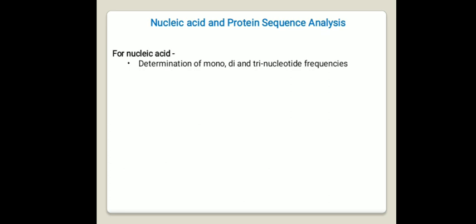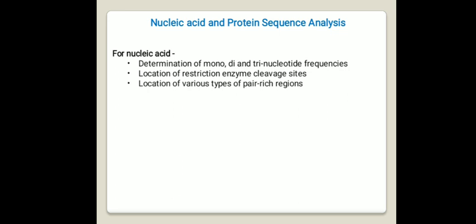For nucleic acids, their functions may include determination of mono-, di-, and trinucleotide frequencies, location of restriction enzyme cleavage sites, as well as other sites that can be described as a pattern of nucleotides, location of various types of pair-rich regions, then location of homologous sequences and dyads both within and among molecules.